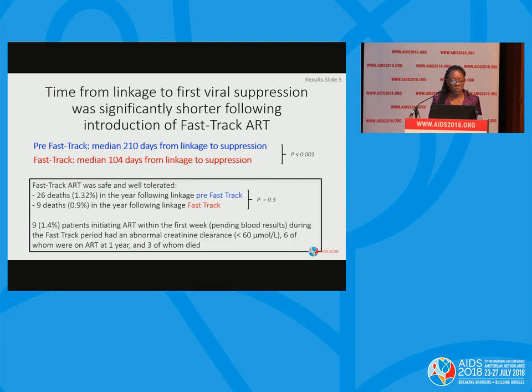We had 1.32% of deaths in the year following the linkage pre-fast track, and 0.9% in the year following the linkage fast track, with a p-value of 0.3. 1.4% of patients initiating ART within the first week during the fast track period had an abnormal creatinine clearance, 6 of whom were on ART at 1 year and 3 whom died.